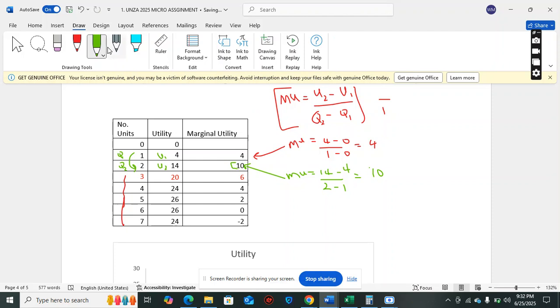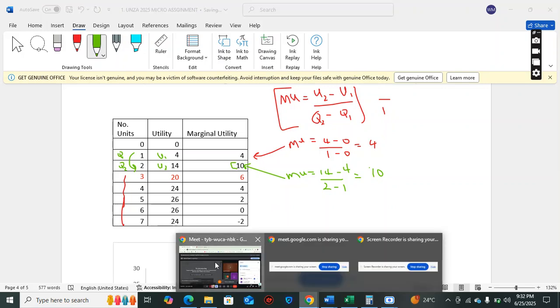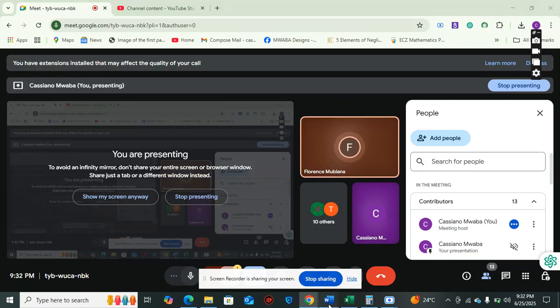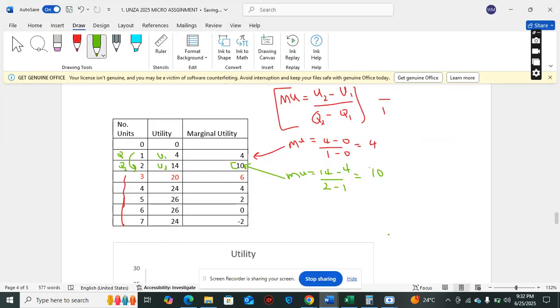Is everyone else? The rest, they still want the long cut. Yes, and I believe in the exam, I think you need to show this.